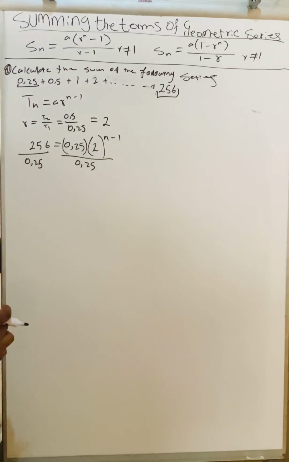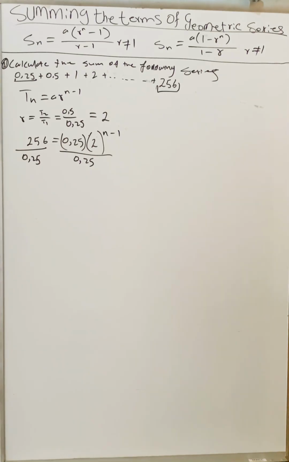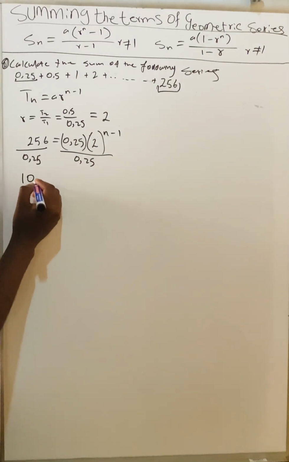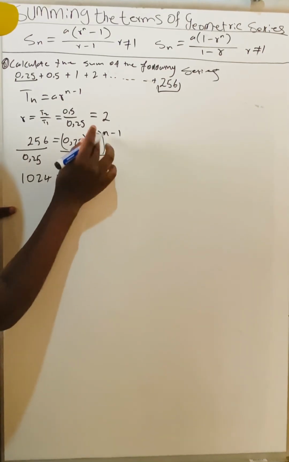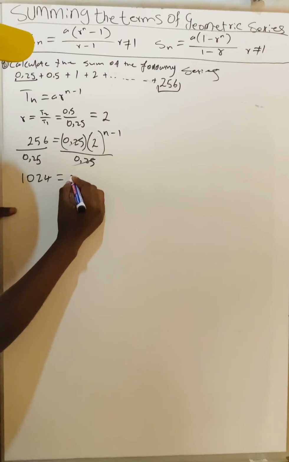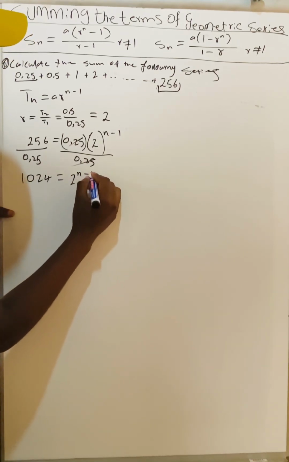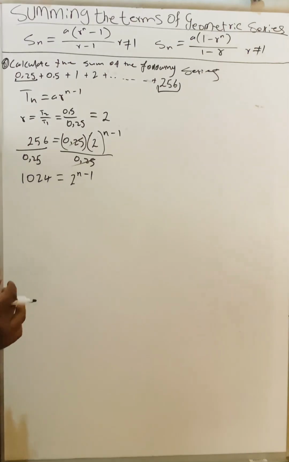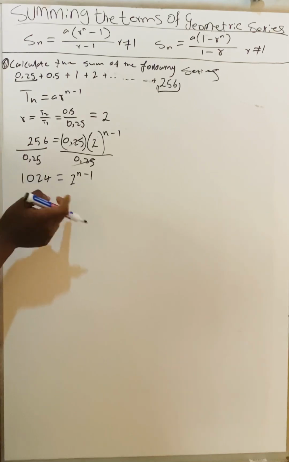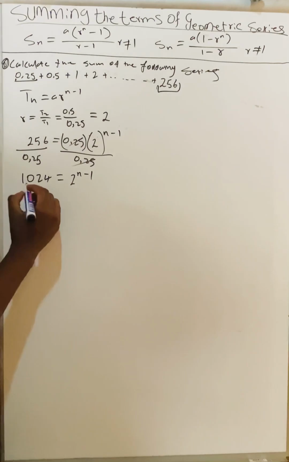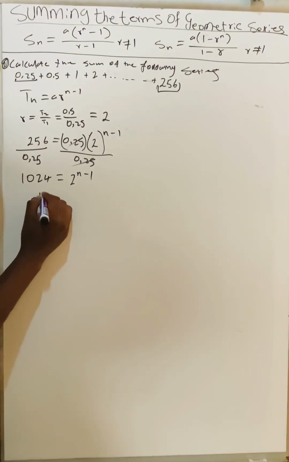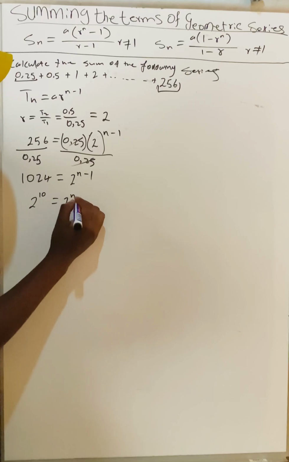0,25 goes into 256 how many times? 1024, which is equal to, on this side it cancels, you are left with 2 to the power n minus 1. From here, you do the exponent part. You see here you have the base of 2, but you can also change 1024 to have the base of 2, which is going to be 2 to the power 10 is equal to 2 to the power n minus 1.